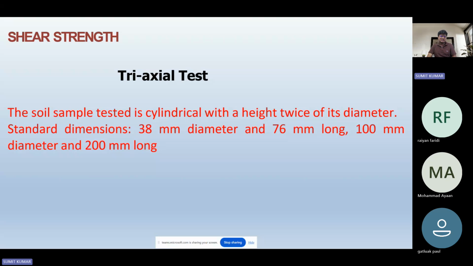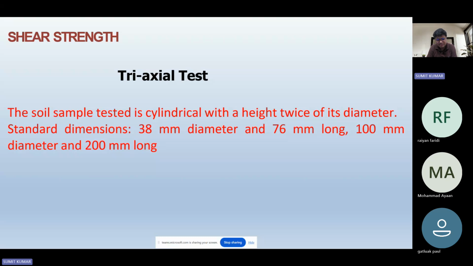More or less, the strength characteristics of soil come closer to the value obtained from that test and the triaxial test, but it becomes a very significant problem when drainage is a consideration, or when the soil is saturated or partially saturated, or different pore water conditions are there. Then it becomes problematic while performing the direct shear test, and the result may sometimes vary in accuracy, but the triaxial test rectifies all those problems.